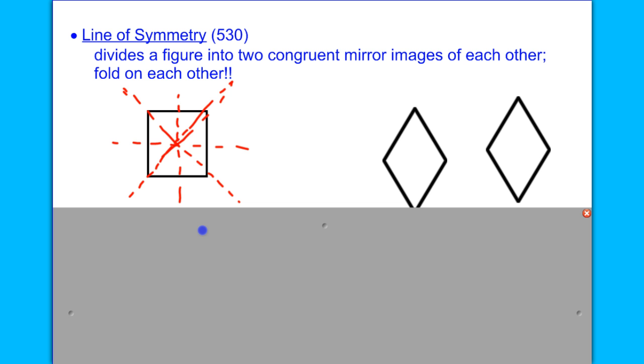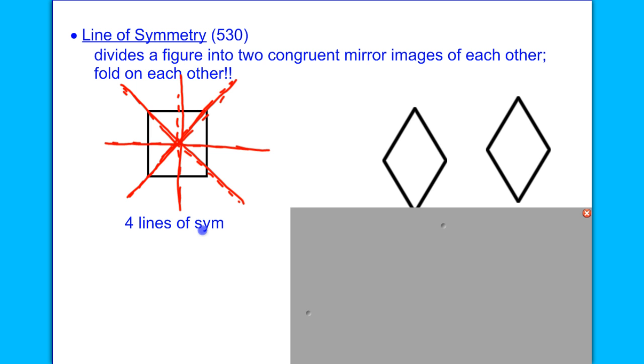So is there any other way we could fold this figure onto its corresponding parts? For a square? That's probably it. So how many lines did we draw? 1, 2, 3, 4. There are 4 lines of symmetry.